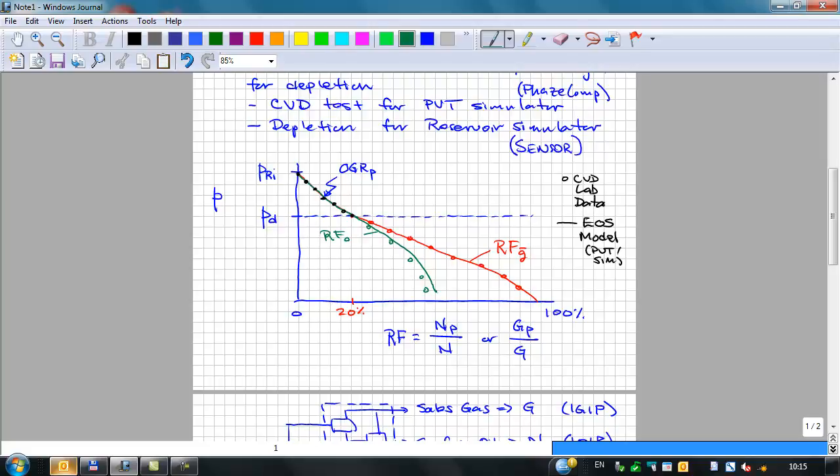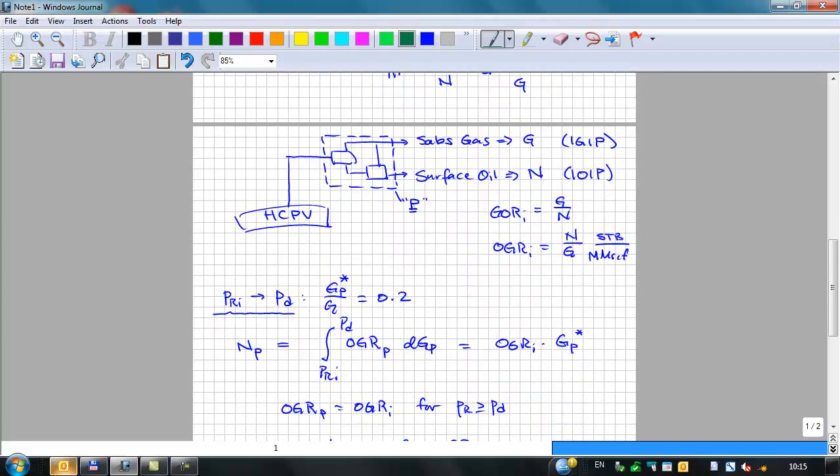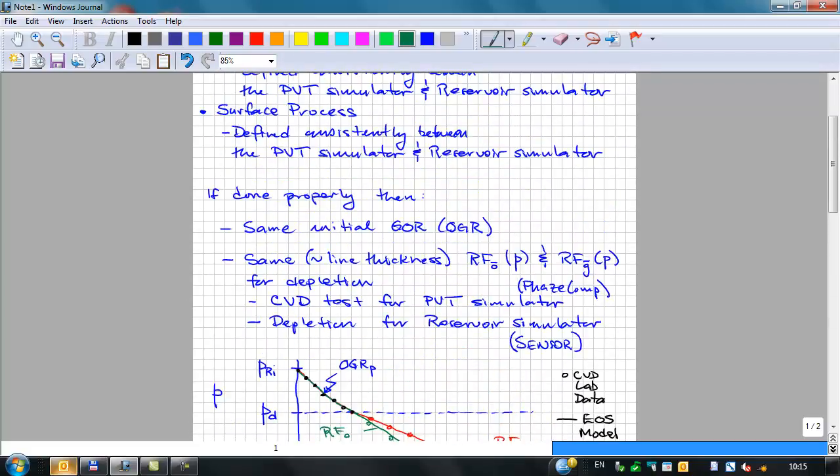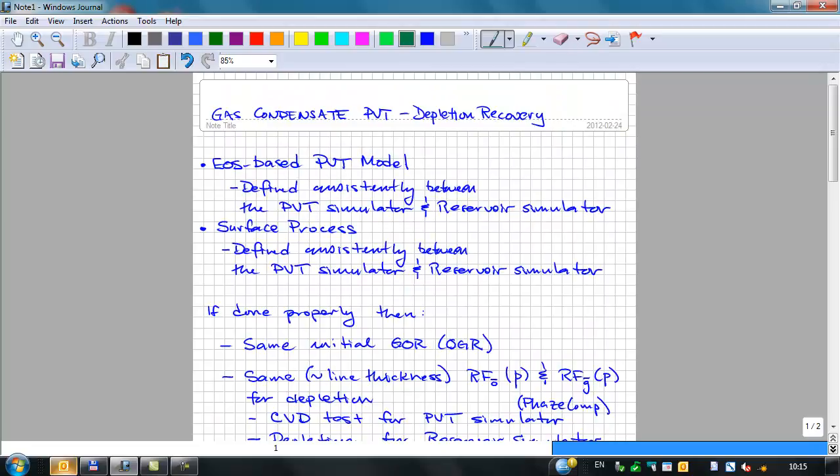So this is a basic QC to make sure that you've got the equation of state, the surface process, all the consistency in the reservoir simulator model. And it's very easy to check, to compare it with simulation results from a PVT program. So that's what we're going to try to do. But to do that, we have to have this consistency that I started with.